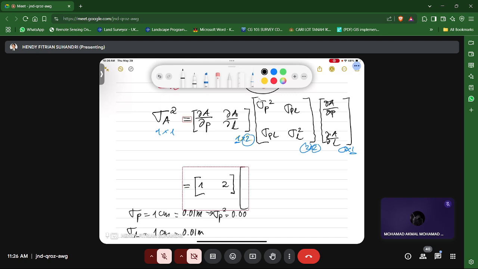Yes. And also for L it becomes 0.0001. So I put here 0.0001 and 0.0001. What about sigma PL? If there is no other explanation in the question, there is no need to include it, and then we put 0.